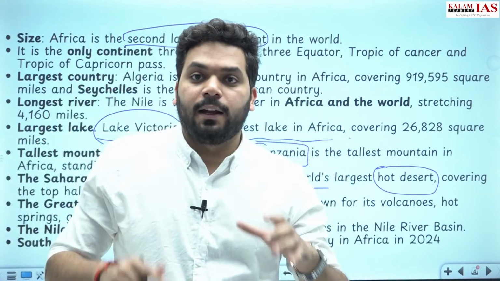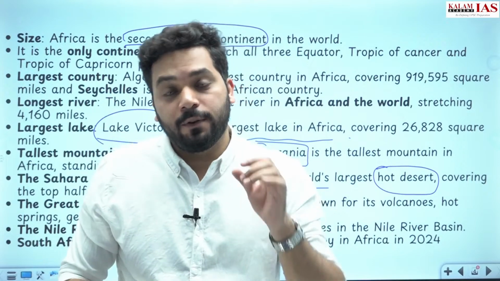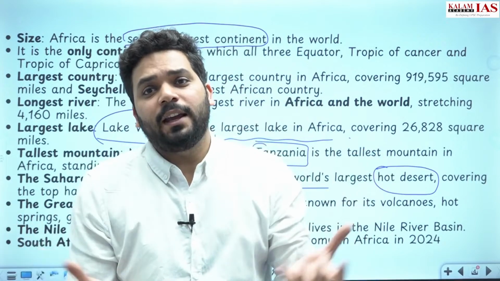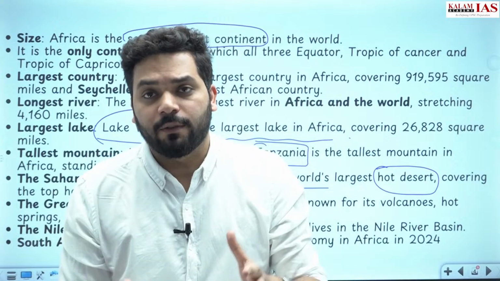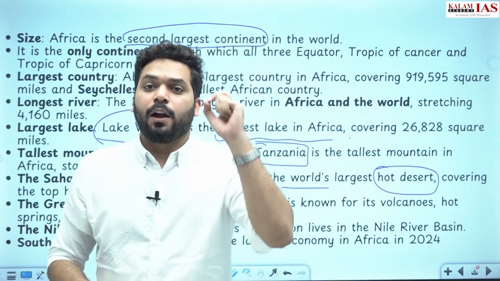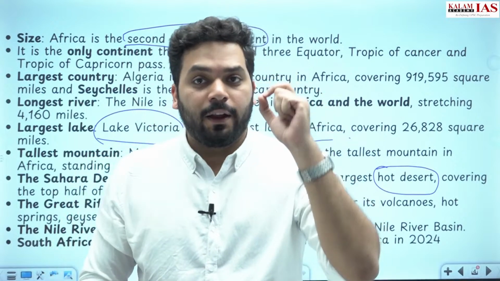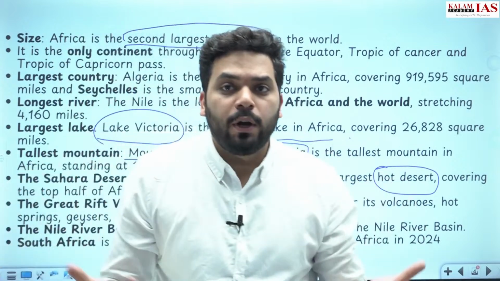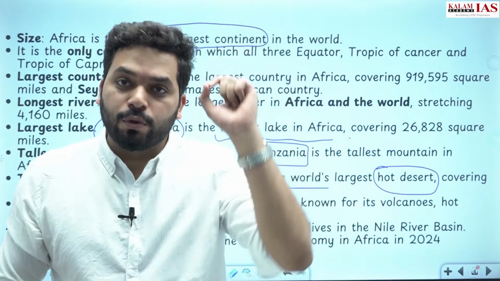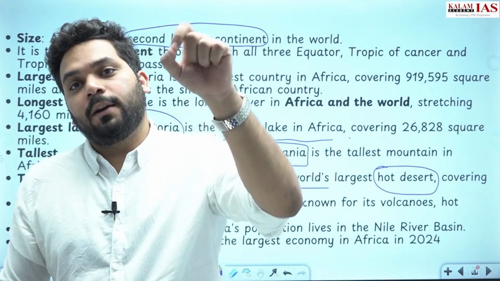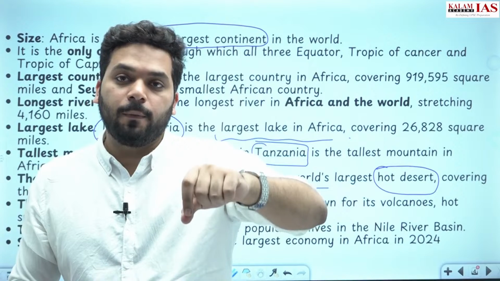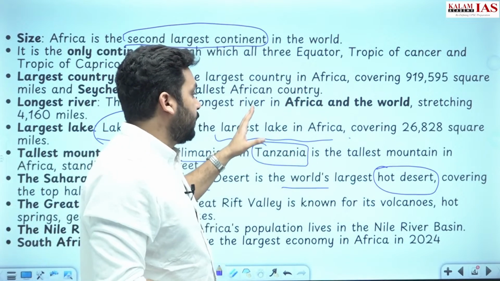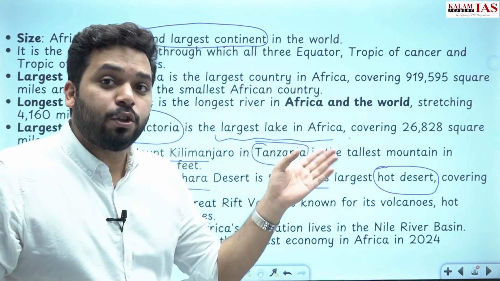The geographical definition of a desert is a geographical area which is receiving less than 25 centimeter rainfall in 1 year. So it can be a cold area also, it can be a hot area also. Google which is the largest desert in the world. I'll tell you, Sahara is the largest hot desert in the world.